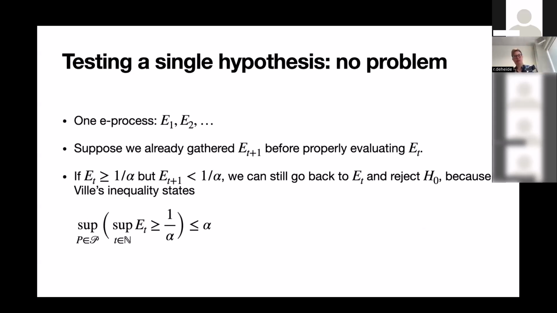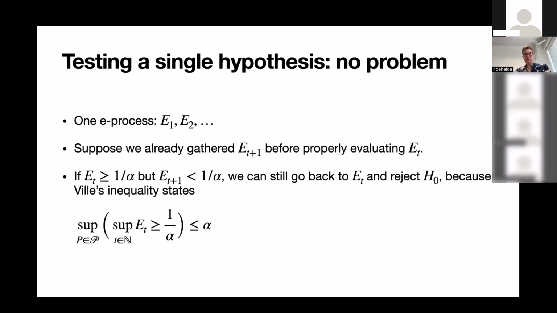So suppose that you have an e-process. At time point 1, you have E1, at time point 2, you have E2, etc. And suppose that we have already gathered E_{t+1} after we evaluated the e-value from the time point before.